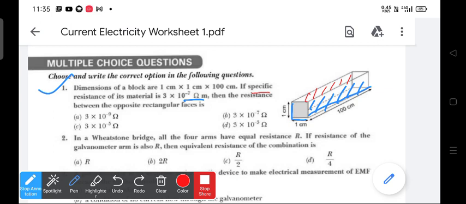So the answer of this question is option B, that is 3 into 10 raised to the power minus 7, because we know that R equals rho L by A. Now the resistance is the same, length is the same, area of cross section is the same, so the specific resistance will also remain the same.